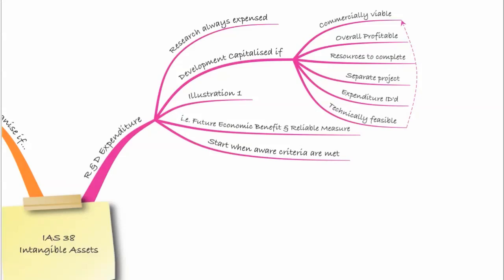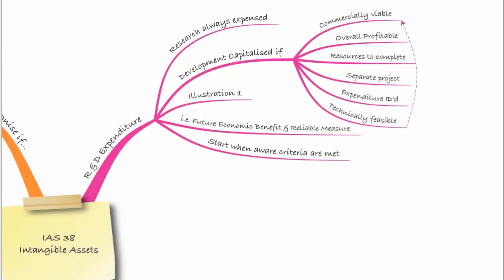Now, what I mean by that is that if you have been spending on the development, but the criteria weren't met up to a certain point, that we don't go back and capitalize once we realize that the criteria has been met. We only start capitalizing once we are aware that the criteria have been met.